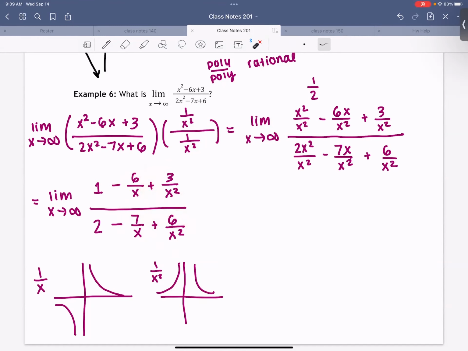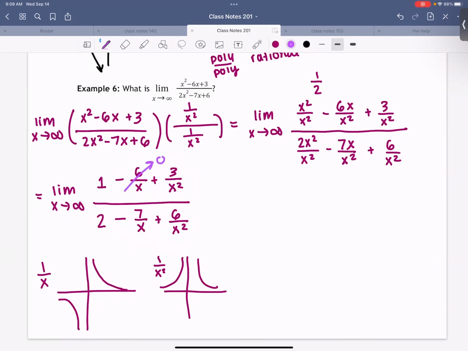All of these guys are going to 0. That's going to 0, 0, 0, and 0. Long-term behavior, right? Okay, but the 1 and the 2 are constant functions. And as we look at the limit as x approaches infinity of a constant flat line, that's going to approach those numbers, right? So that's why we're left with 1 over 2.